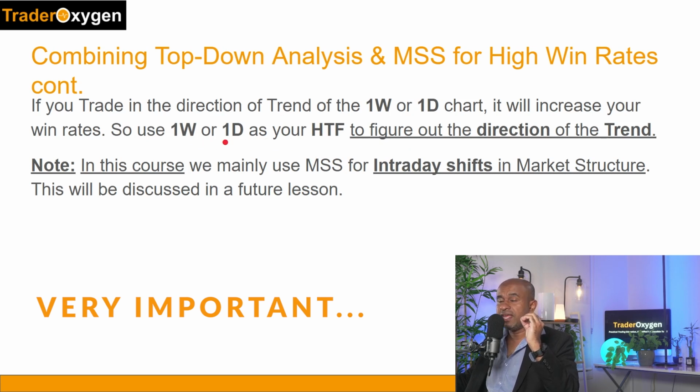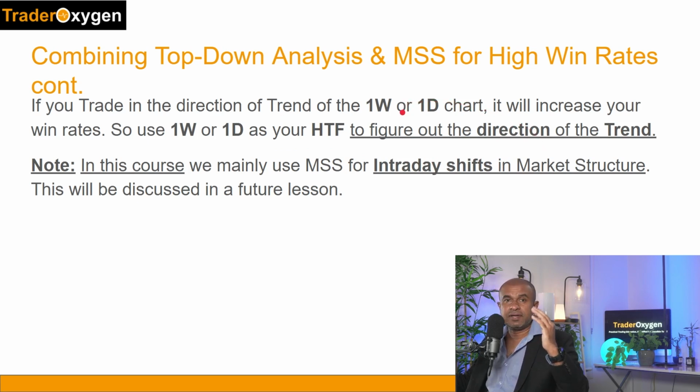So use the weekly or daily first to figure out the direction of the trend, whether it's an uptrend or a downtrend. And only after that, you go to the lower levels, 4 hour, 1 hour, 15 minutes, gradually, and then try to figure out market structure shifts to make your trade decisions. Okay, let's see what's next.